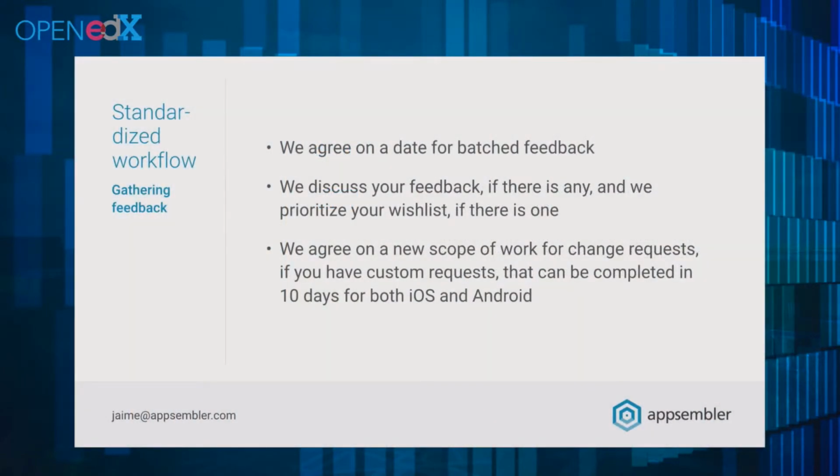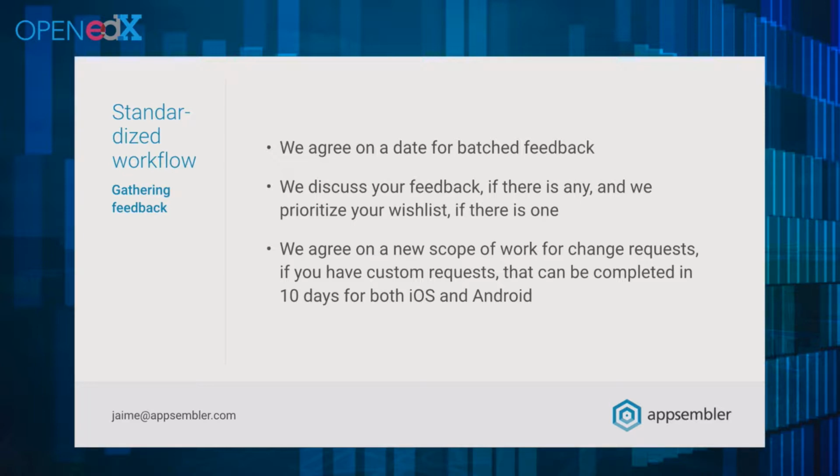Through the open-ended approach, we discovered some snags in delivery timelines and promises and such. So our standardized workflow involved a more standard approach to that, which we still use. And this is basically batched feedback. Please give us your feedback in one batch, talk to your team, get it to us.